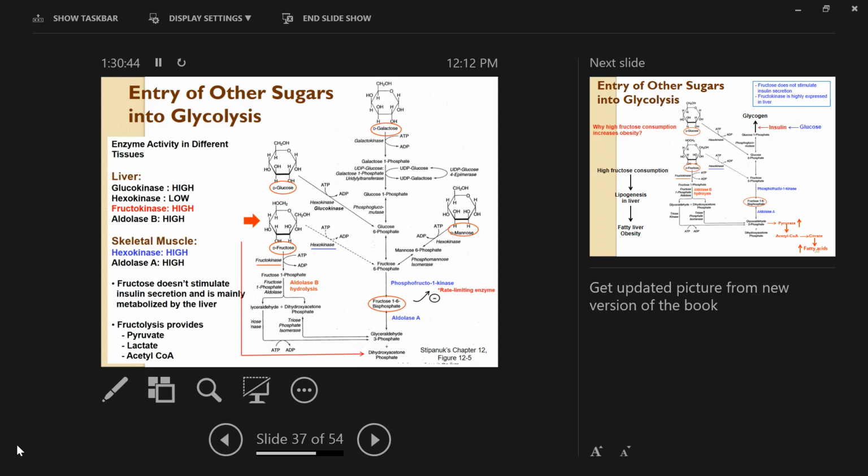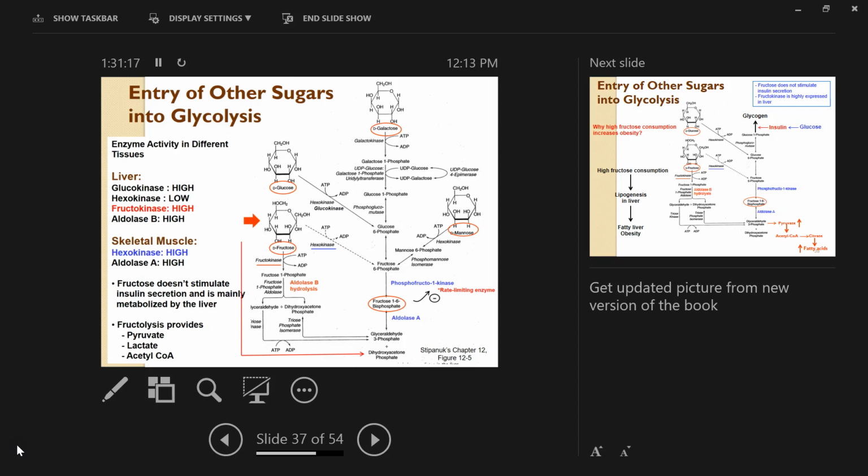Then glucose 6-phosphate is converted to fructose 6-phosphate, and this is the second key reaction in the glycolytic pathway. Then fructose 6-phosphate is converted to fructose 1,6-bisphosphate, and then to the 3-carbon intermediates by aldolase A.